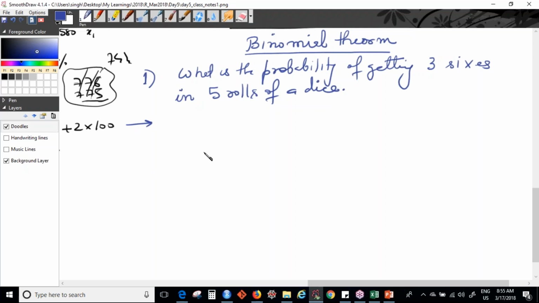See if you can answer this, guys. So I roll a dice 5 times. Okay, I roll a dice 5 times. What is the probability of getting 3 sixes?